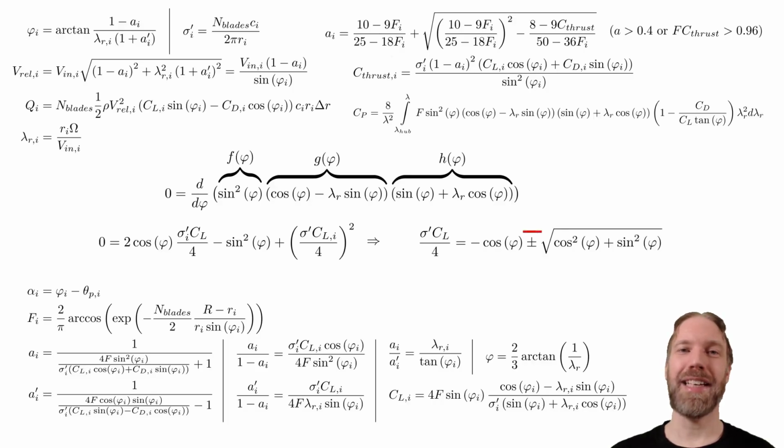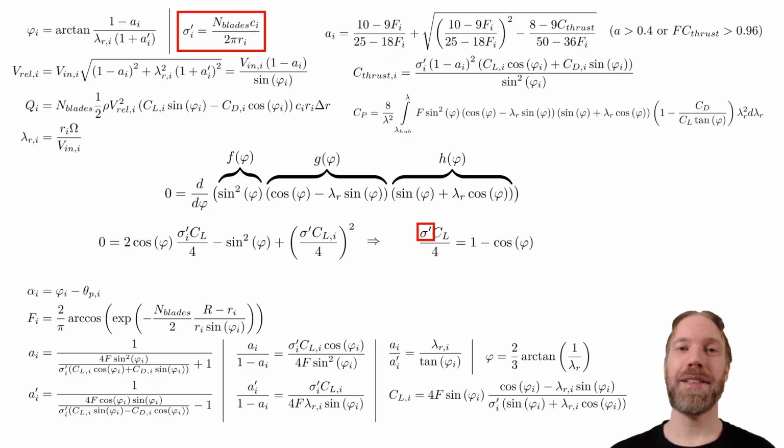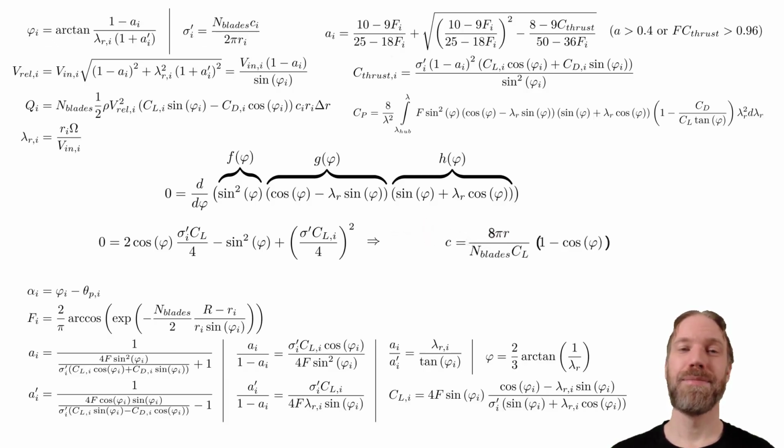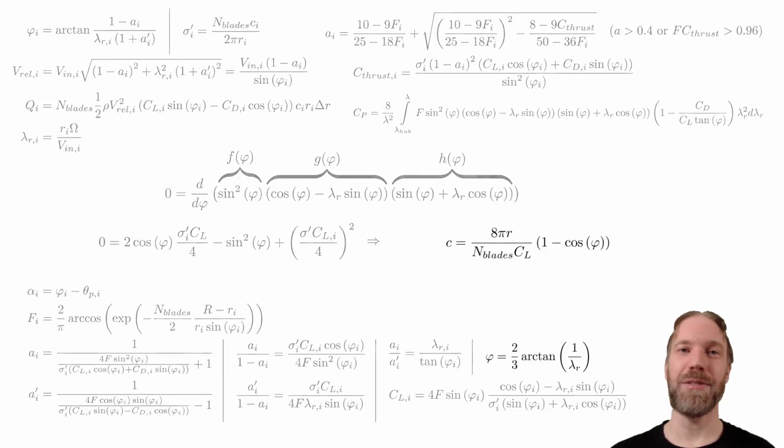As the left-hand side is positive, this has to be a plus. This expression is 1. Reorder. Insert the expression for the solidity. Solve for the chord length. This is our final expression for this video.